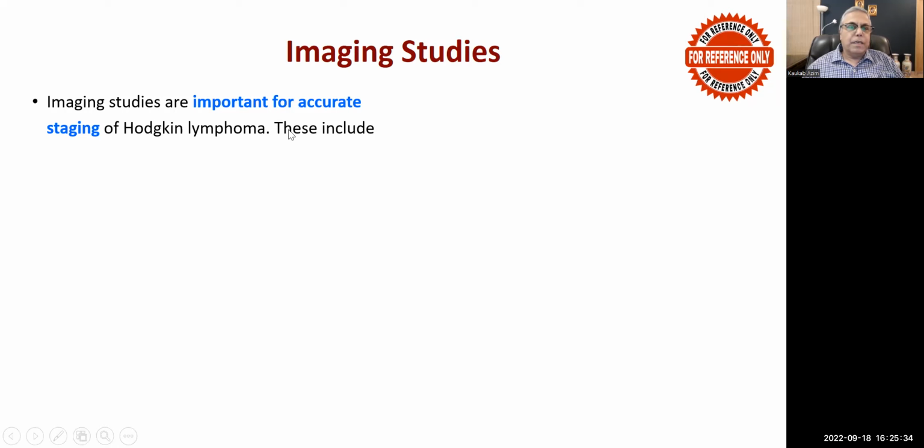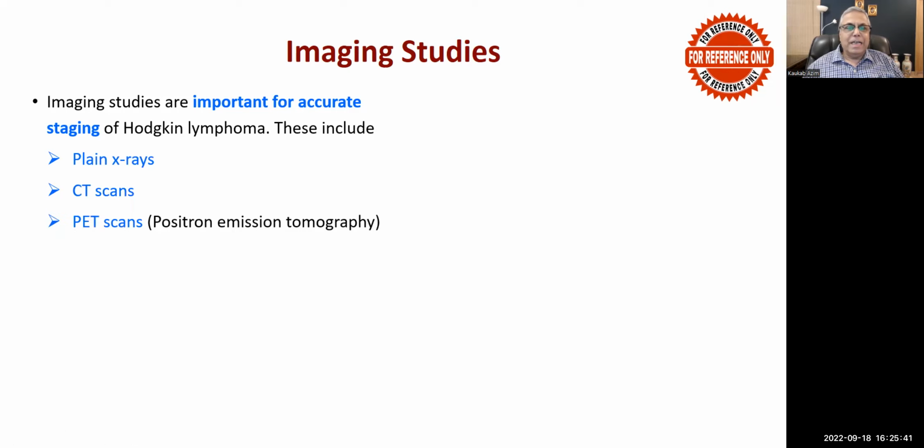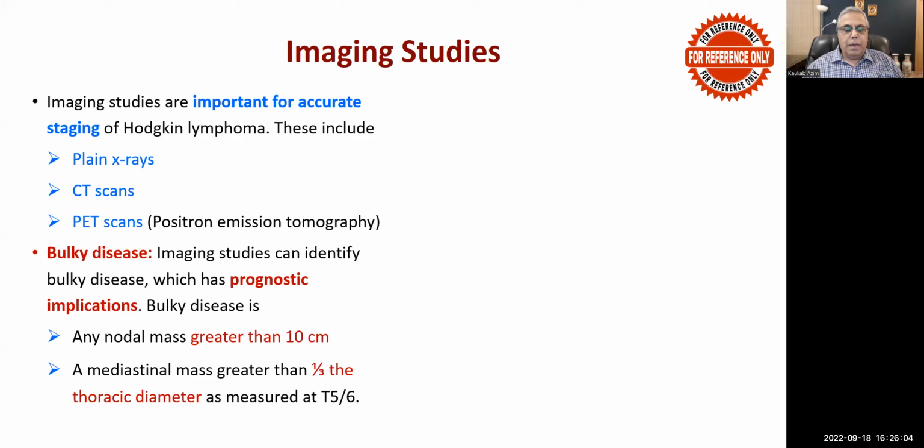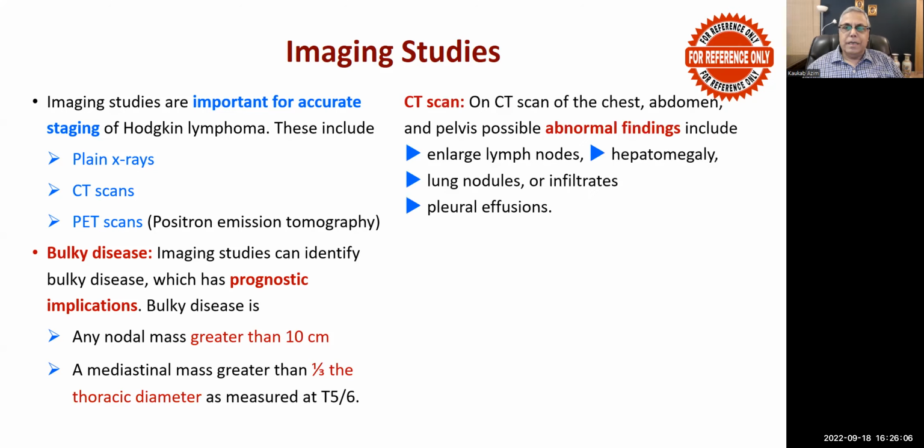So imaging studies are important for accurate staging of Hodgkin lymphoma, and they include plain X-rays, CT scan, PET scans, and imaging studies can identify bulky disease, which has prognostic implications. Bulky disease means that the size of the tumor is more than 10 centimeters, or if it is in the chest, it is more than 1/3 of the thoracic diameter, okay? 1/3 of the thoracic diameter.